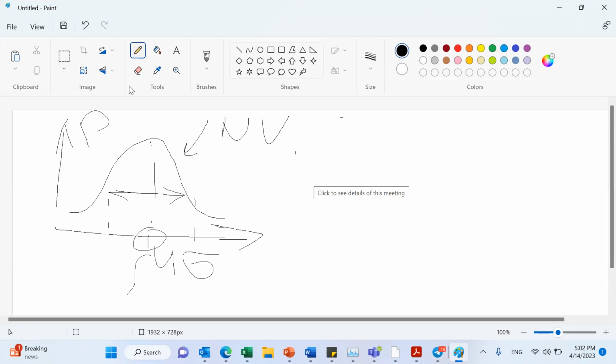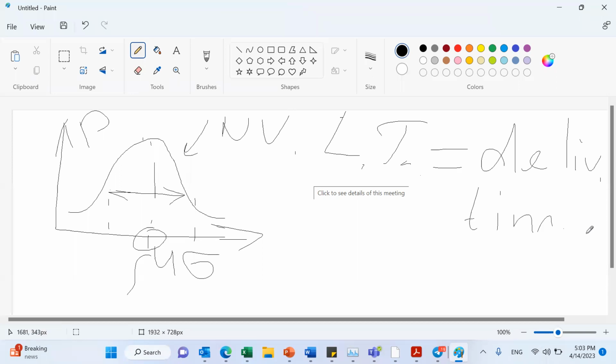What does this word multi-period mean? It basically means that we have lead time, which is basically your delivery time, right? I mean, not yours, but the delivery time of your supplier.